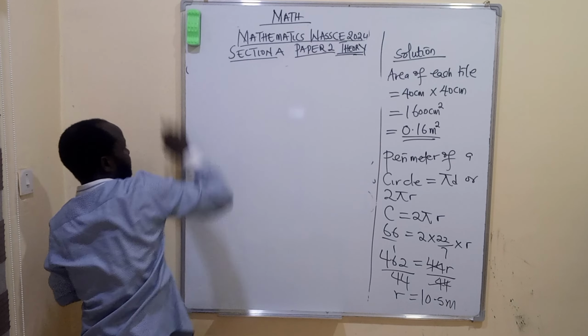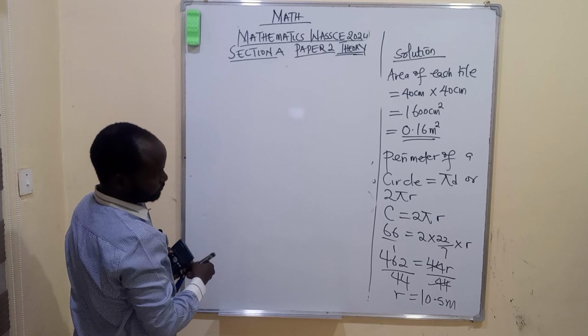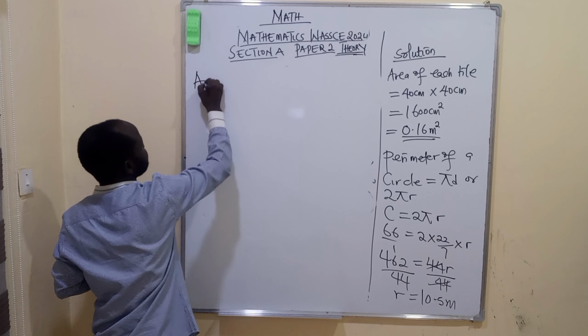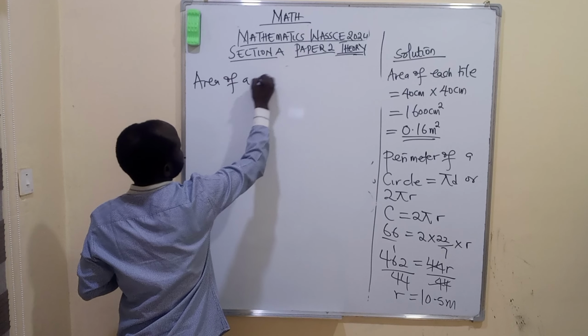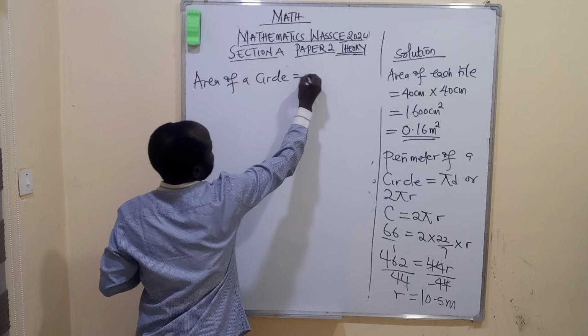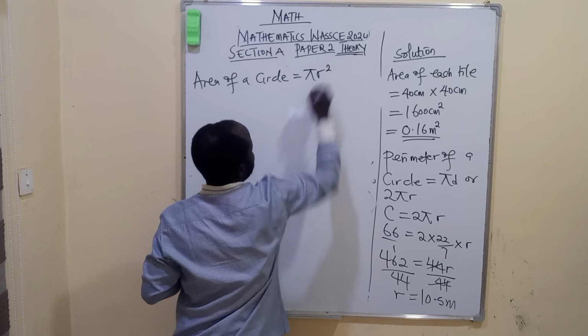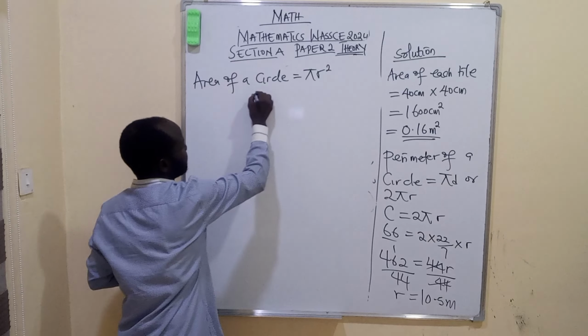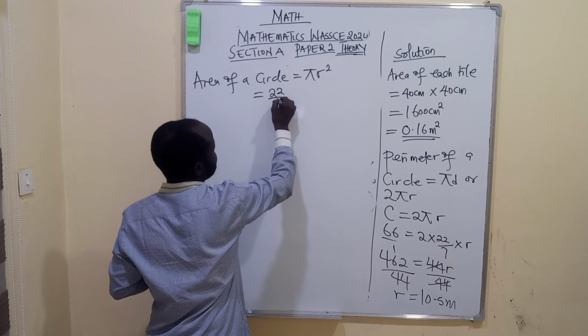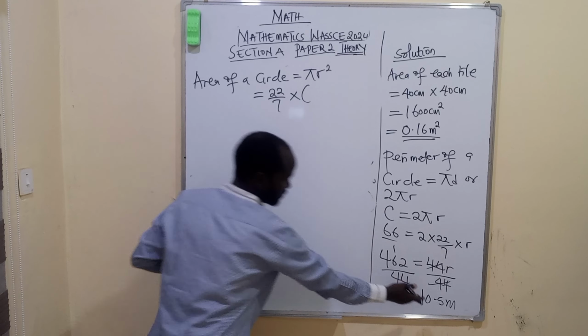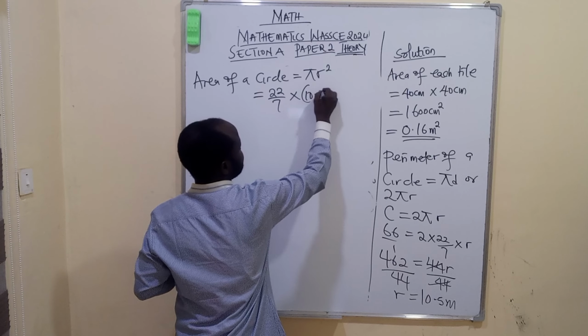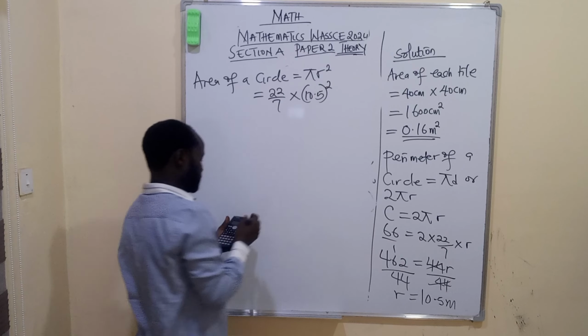Area of a circle is equal to pi r square. So pi from the question is 22 divided by 7, times the radius, which is 10.5, all squared.